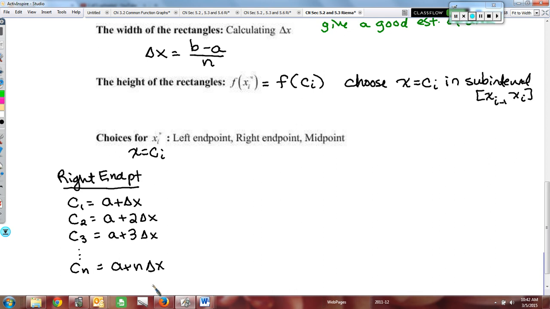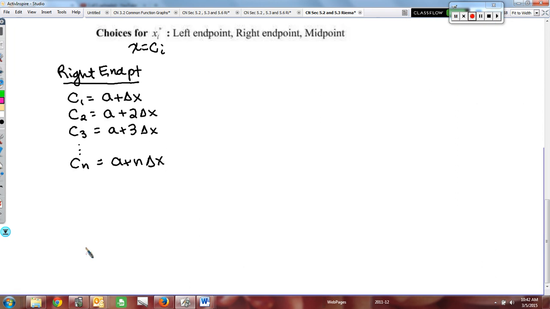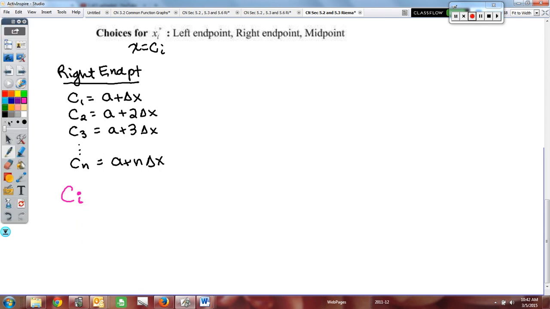Now let's say we're creating a sequence. Think about this as your summations that we were practicing on the other day. We want to get this c sub i in a formula that I'm going to be able to put in, because I'm going to sum up these areas. So I want c sub i, what is my variable as I go through this?